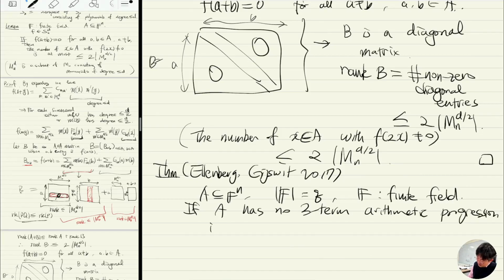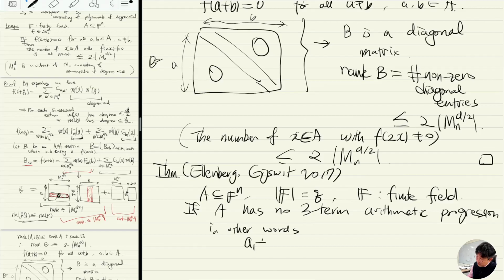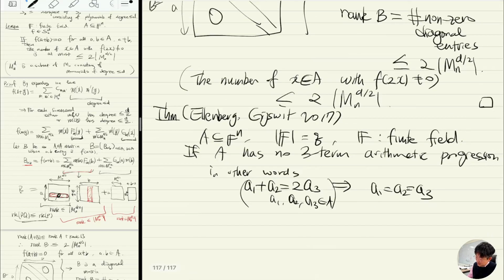so what does that mean? In other words, whenever a1 plus a2 is equal to twice a3, and a1, a2, a3 are in A, this implies that a1, a2, a3 are equal, right?